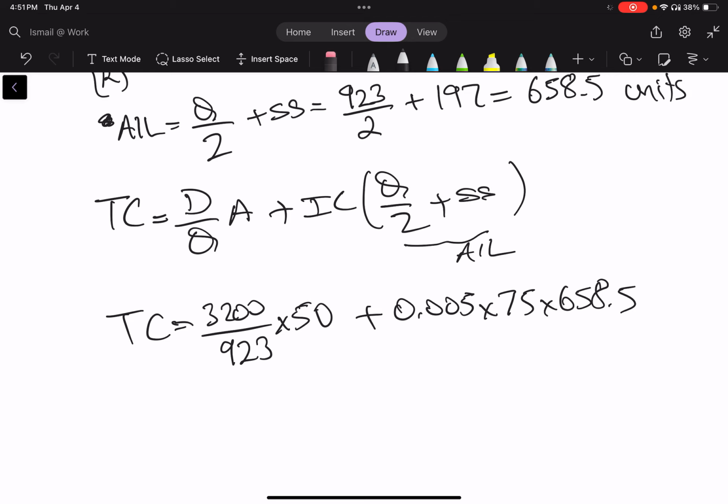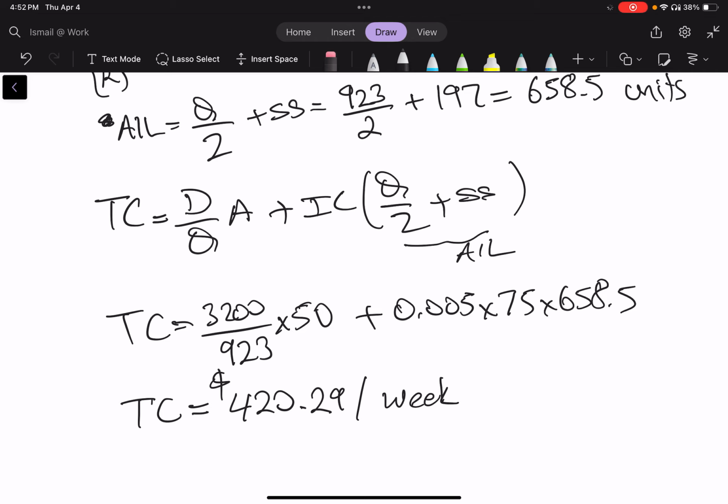All right. And this total cost is going to be equal to 420.29 dollars per week. Okay.